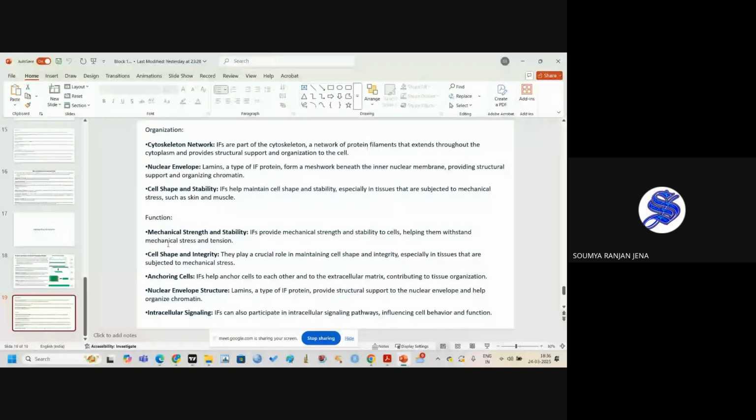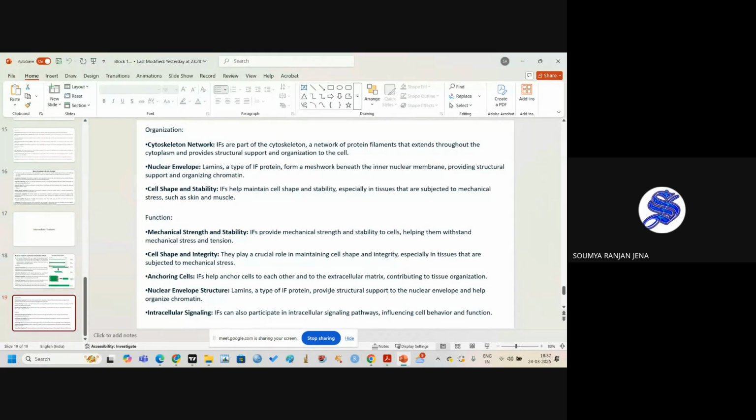These intermediate filaments also anchor cells to each other and to the extracellular matrix, contributing to tissue organization. Cells form tissue with the help of these intermediate filaments.